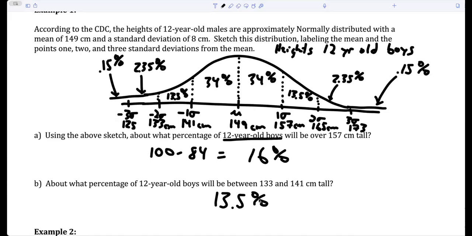And so if you were asked to sketch a normal distribution, it would look something like this, okay, with the mean and the standard deviations and everything labeled. And for shorthand, the shorthand notation to write a normal distribution, I would do N, and then the mean would be 149, and the standard deviation is 8. And then it's good practice to label those two things. So that is mu, and that is sigma.